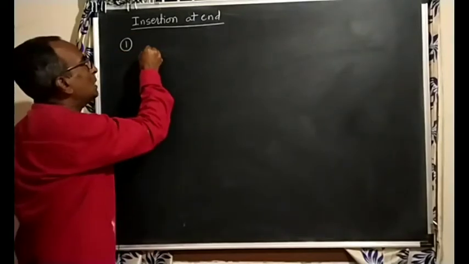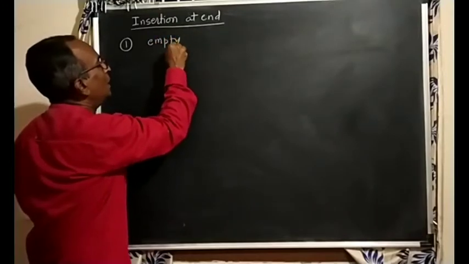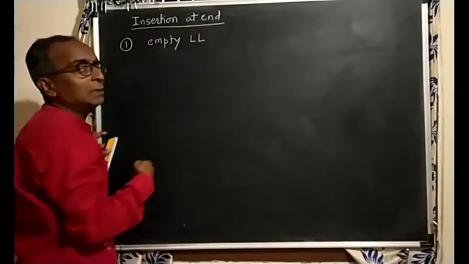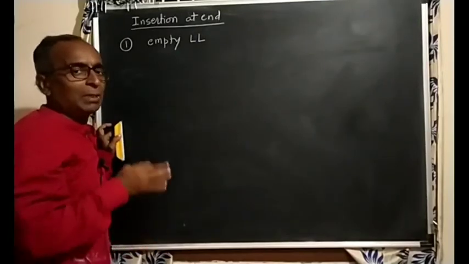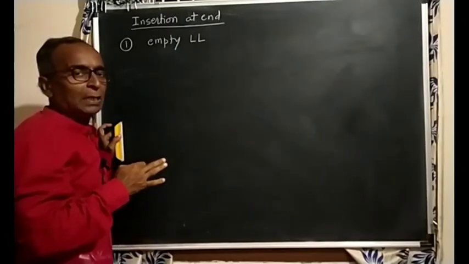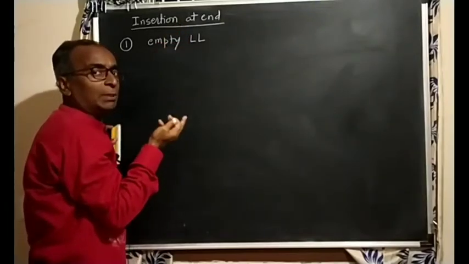First case, when linked list is empty. When the linked list is empty and you are inserting at end, what will happen? The node to be inserted will be the first node.